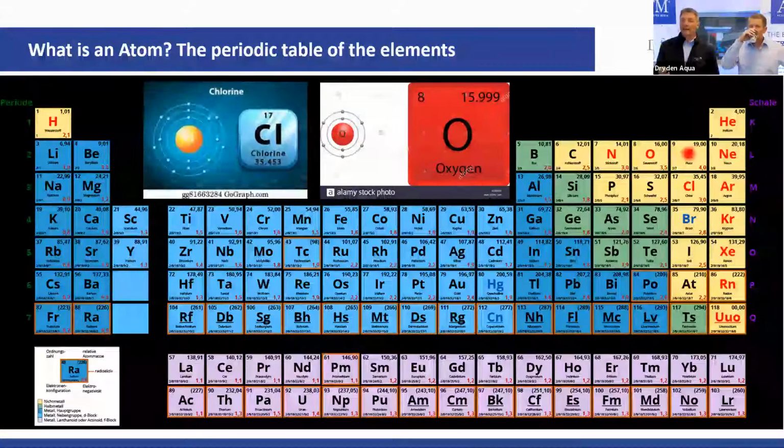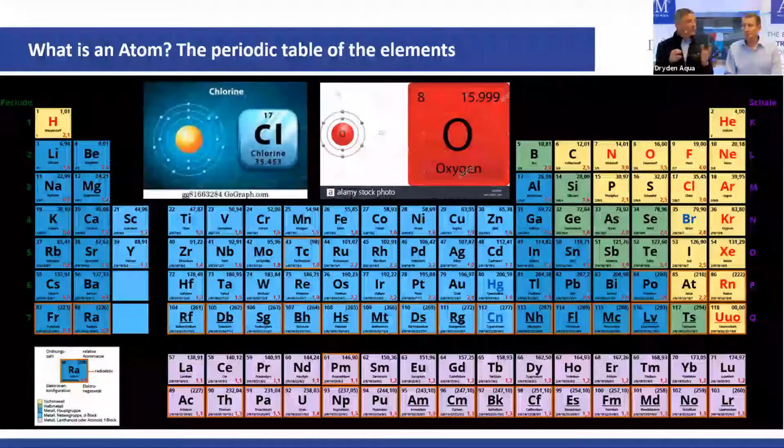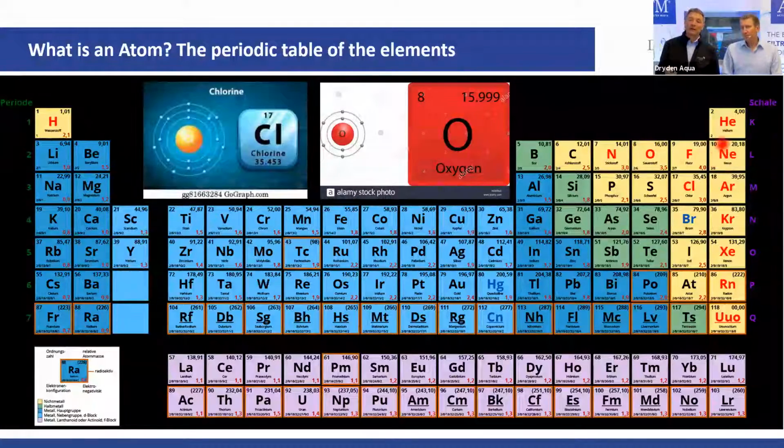So it has 9 electrons and 9 protons. It wants to get to 10, to the noble gas state. It wants to fill this shell to 8. They always want to have 8 electrons in the outer shell. In the first shell only 2, but all the others want to have 8. And this is where this number here is coming from. For fluorine, you see here 4.0.